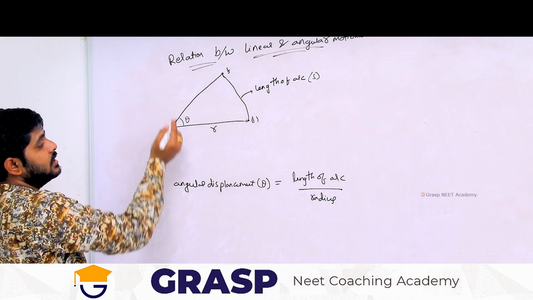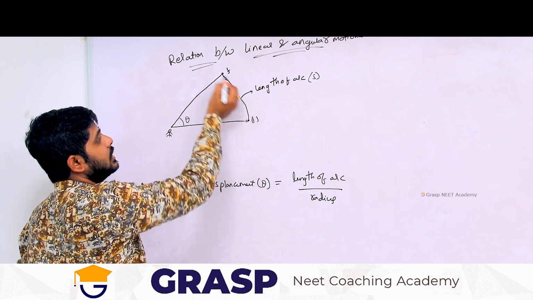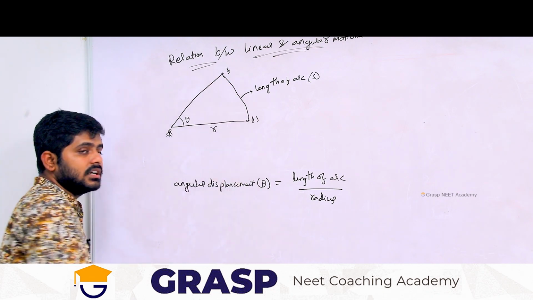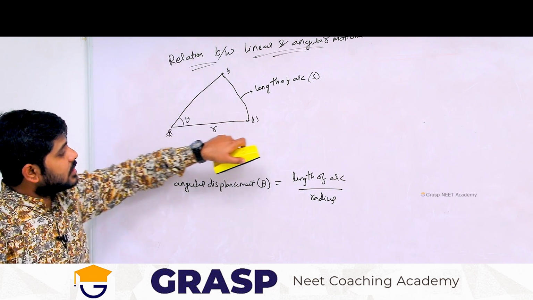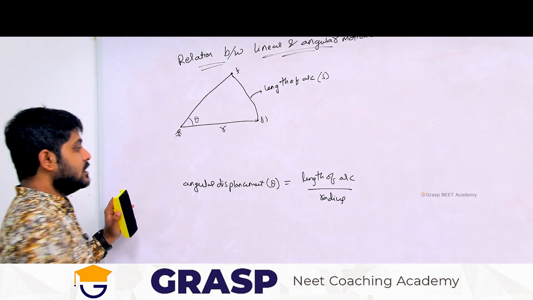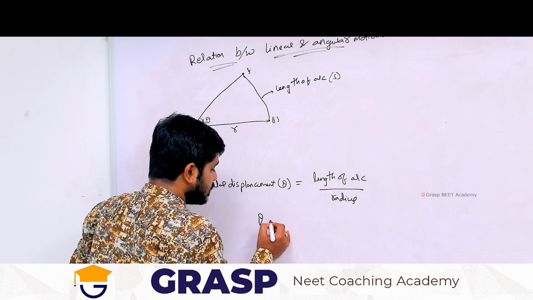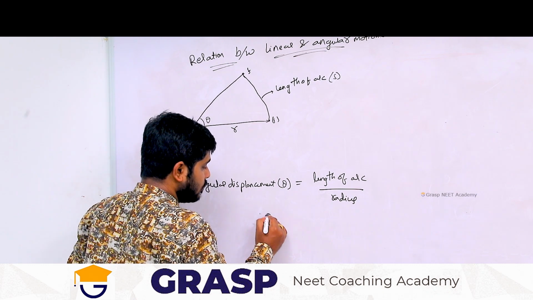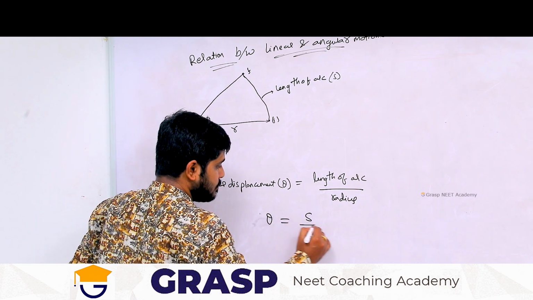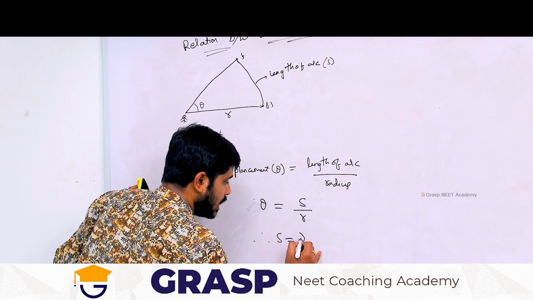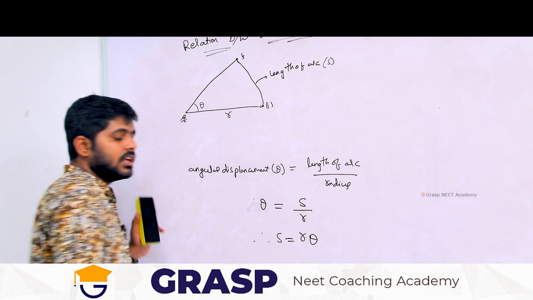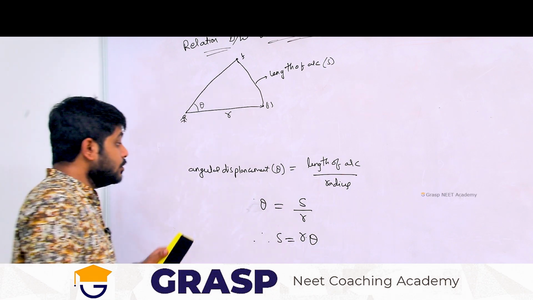This is a circle, and we are considering this because it is rotational motion. We are taking this as radius r. So theta is equal to S upon r, and therefore S is equal to r into theta.